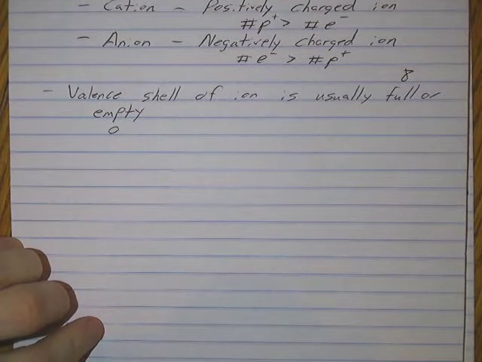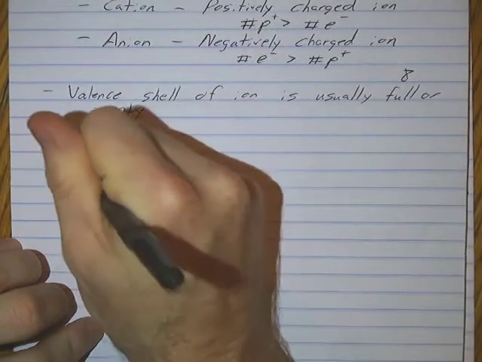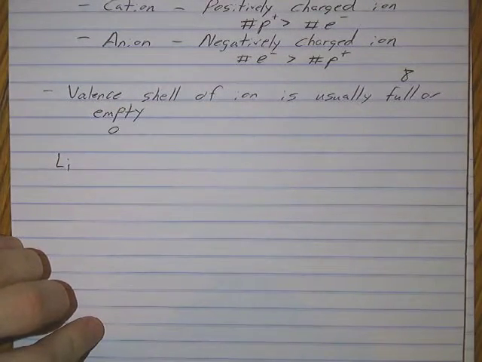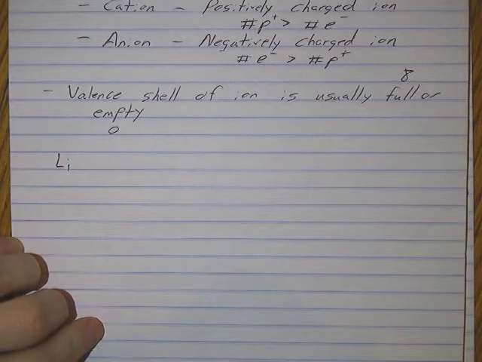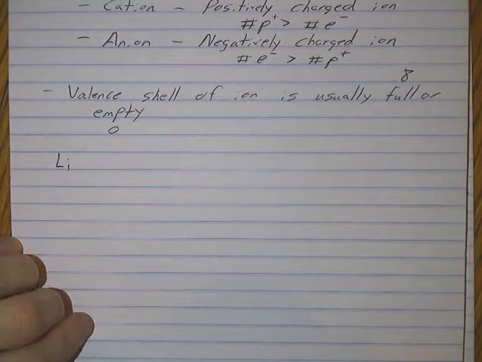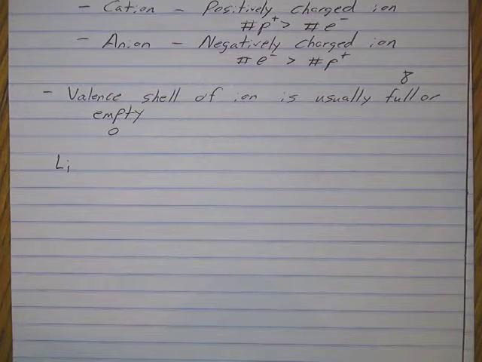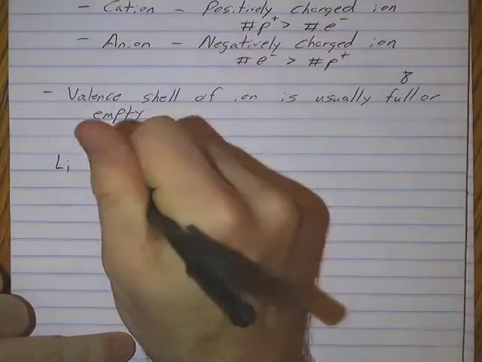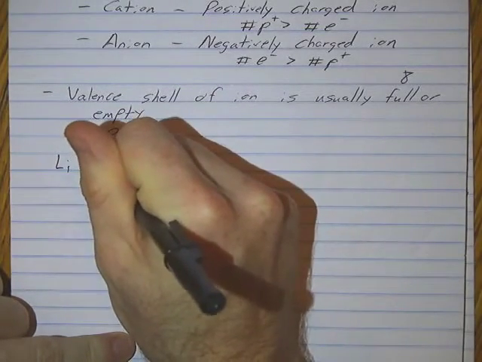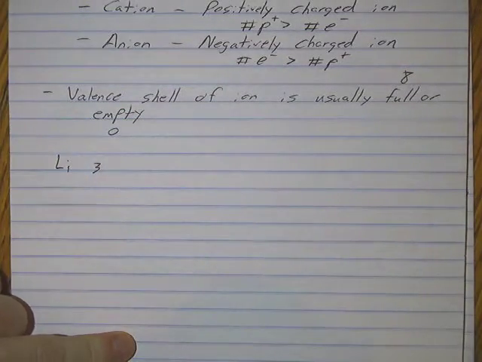So I want to start off by talking about the simplest, or one of the simplest atoms, lithium. Okay. And if I asked you to draw the electron arrangement around a lithium atom that is uncharged, you first have to ask yourself, how many protons do I have? And you would say 3 protons.